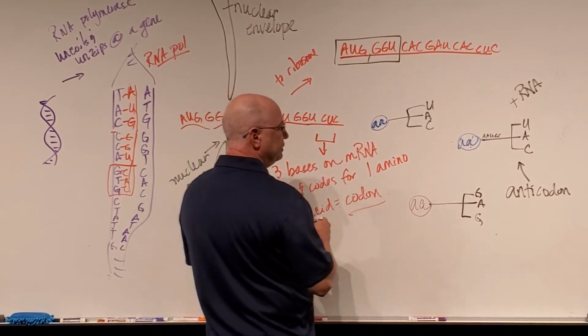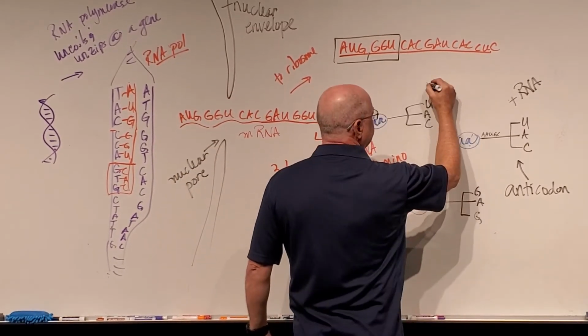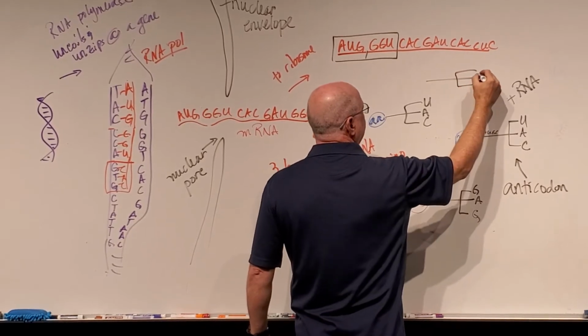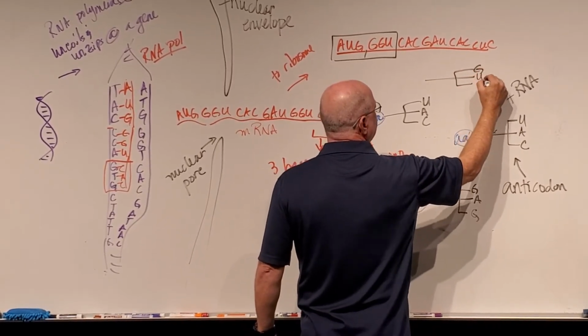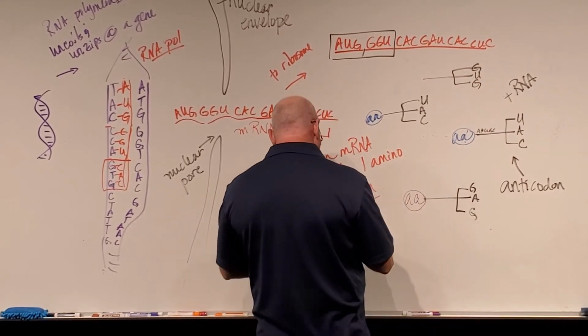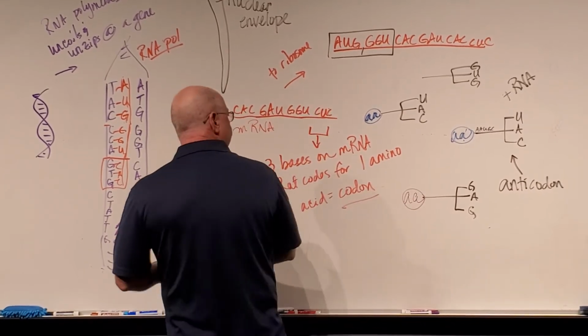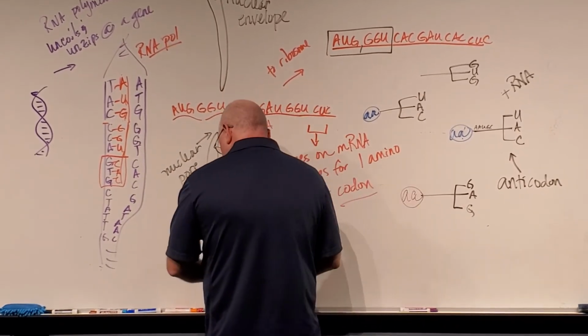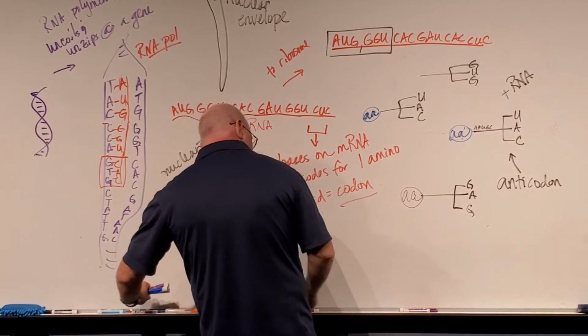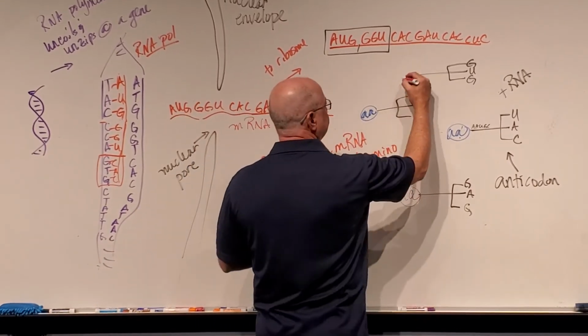If I have another tRNA floating out here, and it's going to have GUG, then that might be a different amino acid out here. Like, I don't know, let's do the red one.